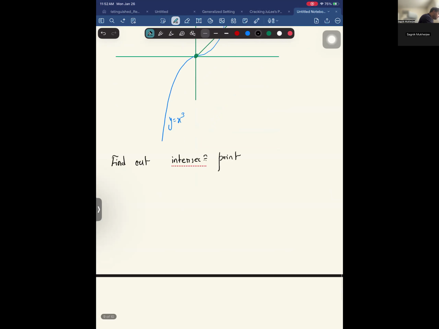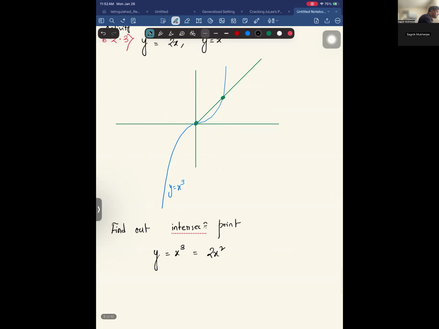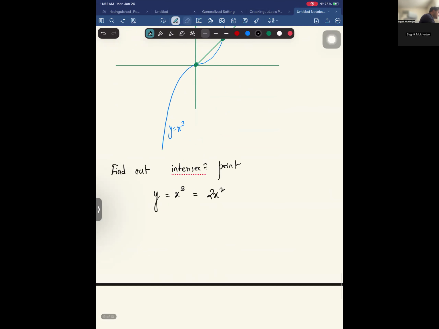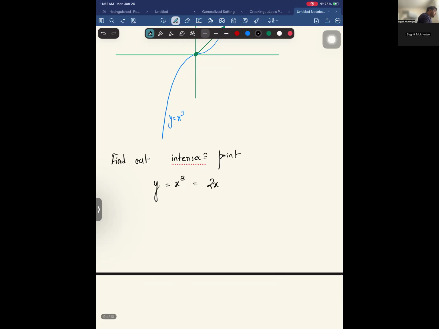Just to bring some diversity here, I'm going to equate as a function of y and find the x coordinate, and then I'll find the y coordinate. So x cube equals 2x. That means x times (x squared minus 2) is 0. That means x is 0, square root 2, or negative square root 2, right?